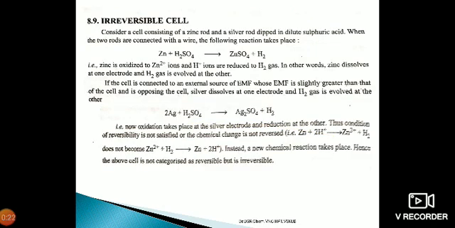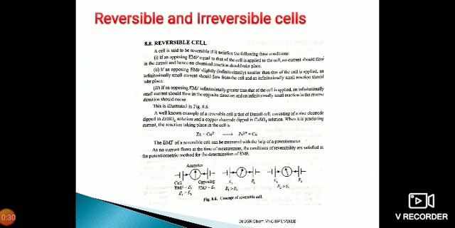For example, for a reversible cell, we can take the Daniell cell, where zinc is placed in zinc sulfate and copper is placed in copper sulfate. We observe that zinc undergoes oxidation and copper ions undergo reduction, and we get the reaction Zn plus Cu2+ giving rise to Zn2+ plus Cu solid.